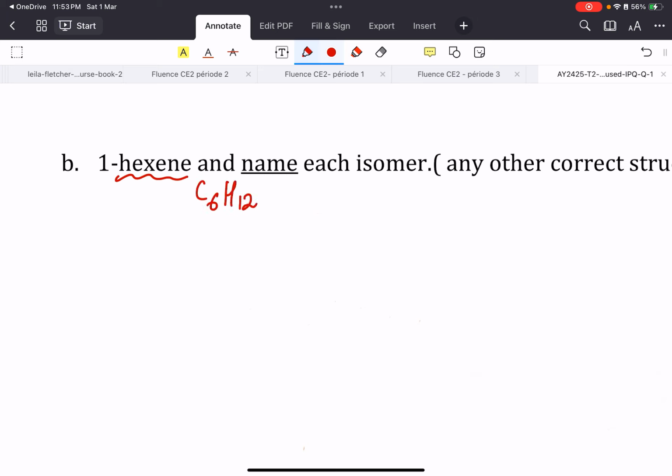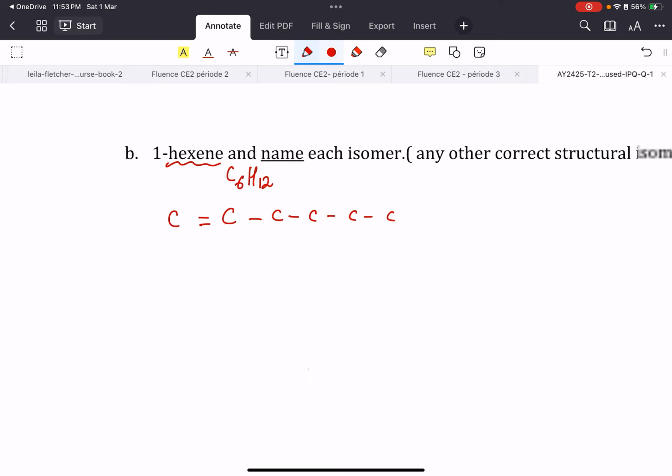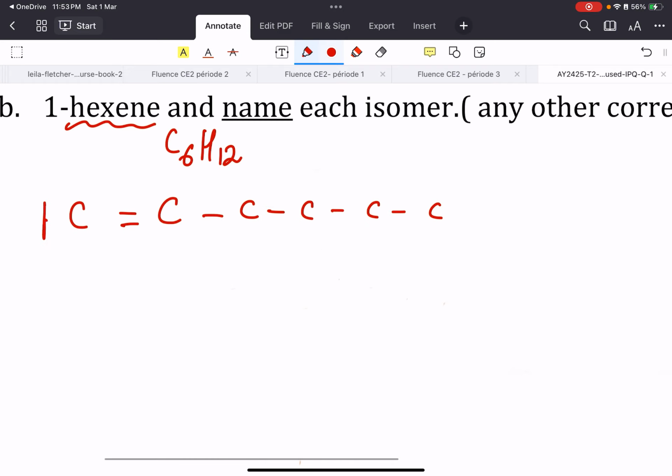The general formula is C6H12. So 1-hexene is a double bond on the first, 1, 2, 3, 4, 5, 6. This is 1-hexene given in the question. So they want 4 isomers of this one. So I'm not going to count this as an isomer because they want 4 isomers of what I'm drawing right now.